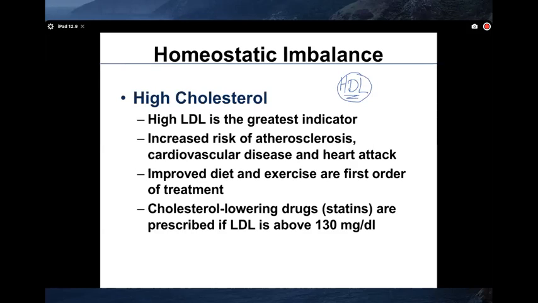It's less likely to deposit in the wall of my vessels compared to the bad one that is high in cholesterol, the LDL, the low density lipoprotein. This is the bad guy who tends to deposit in the wall of the vessels, and this is the greatest indicator of having high cholesterol.